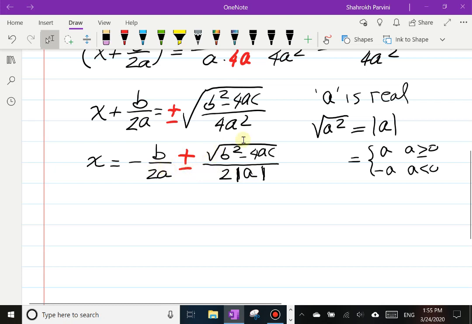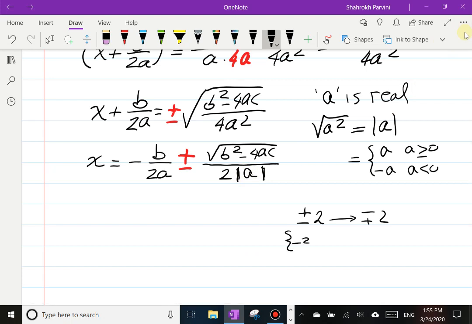In other words, we're going to get into a situation like this. So I'm going to have, let's say, plus or minus something like 2, and this is going to become negative 2, positive 2. That's if a is negative down here. Now, as far as we are concerned, these are two numbers, negative 2, 2, and so are these, negative 2, 2. So they're really the same two numbers in the set.